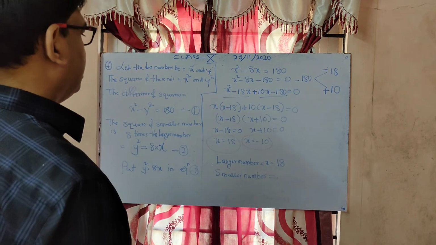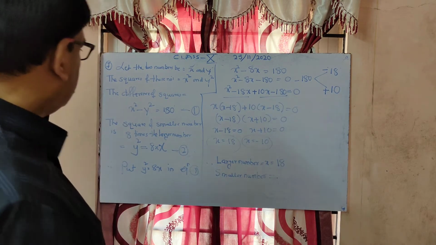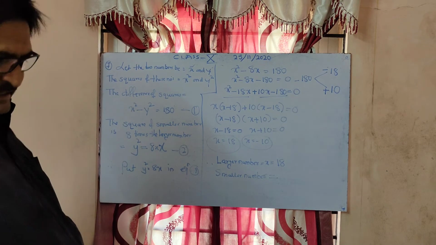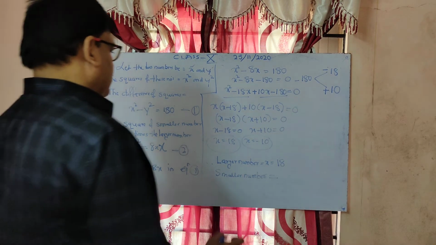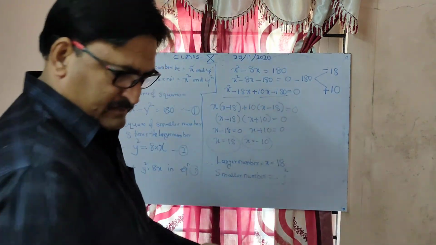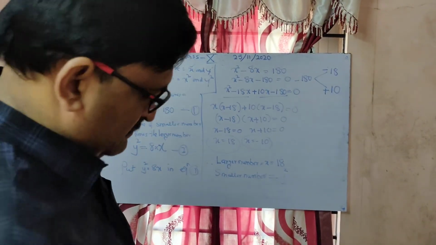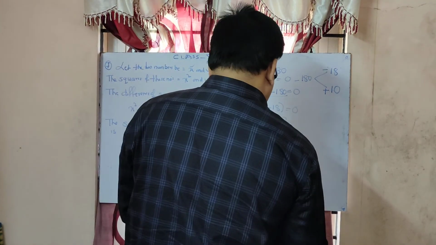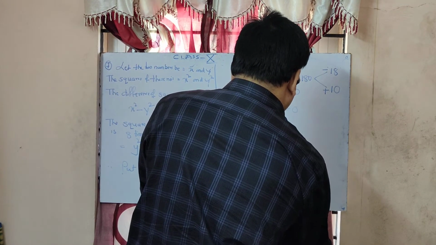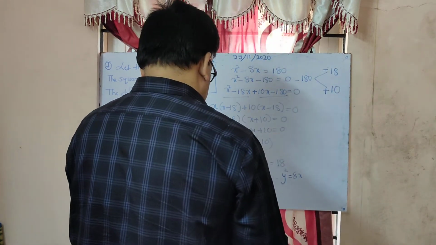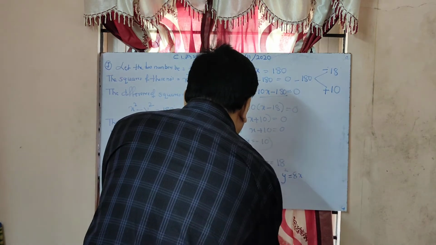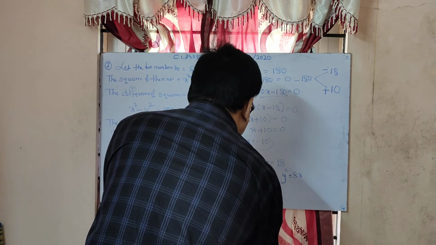That is y. So we have to use this equation. y square is equal to 8x. Now we know y square is equal to 8 times x, and x is how much? 18.